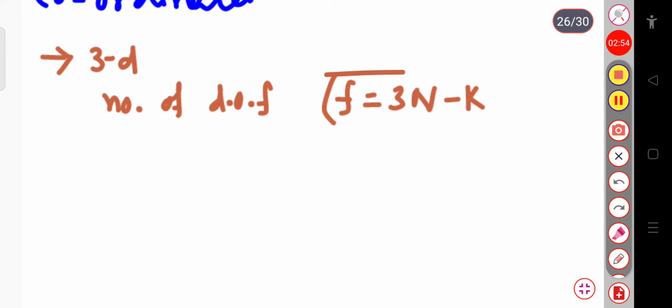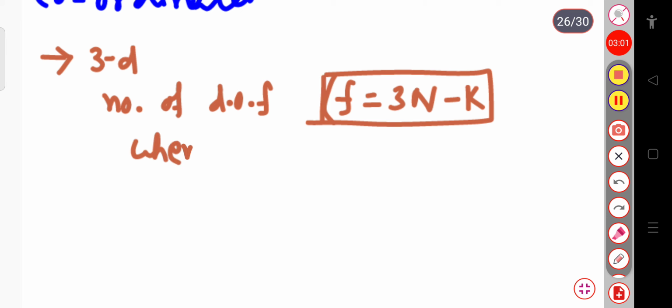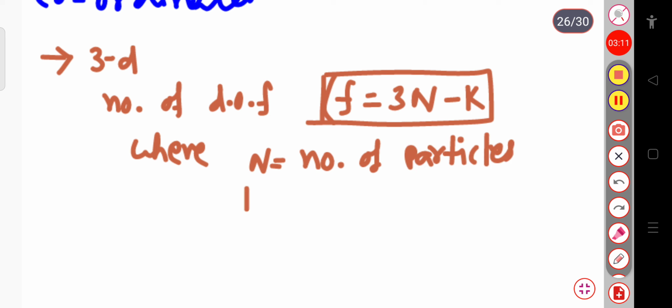This is the important relation, F equal to 3n minus k, where this capital N is equal to the number of particles present in a system, and this k defines the constraints present. The constraints are nothing but the restrictions.